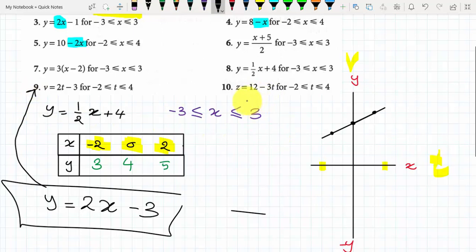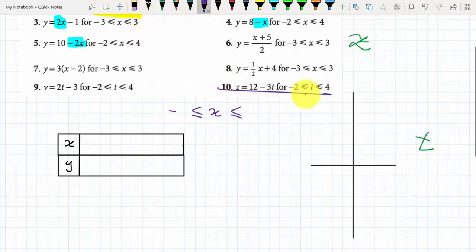Question 10, again, the question used z and t. It's fine. You can guess which line on xy axis will be z. Since z is outside, the vertical line will be z and the horizontal line will be t. Now, let's do it. The interval for question 10 is -2 all the way to 4, and the equation is like this: z equals 12 minus 3t.